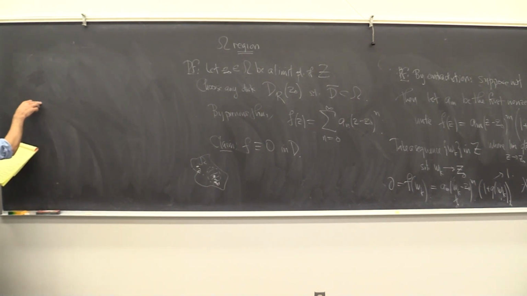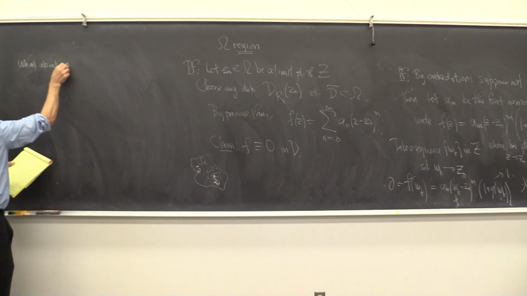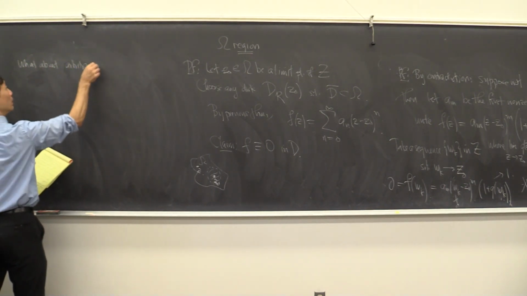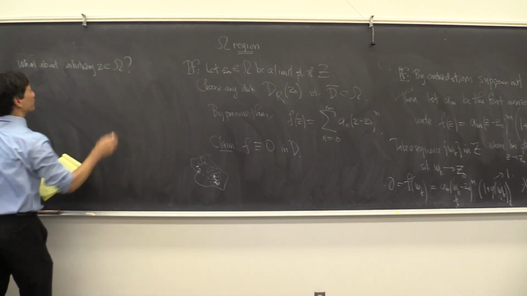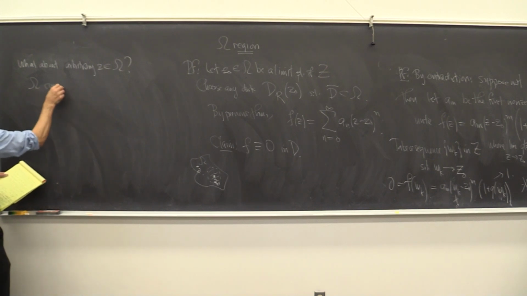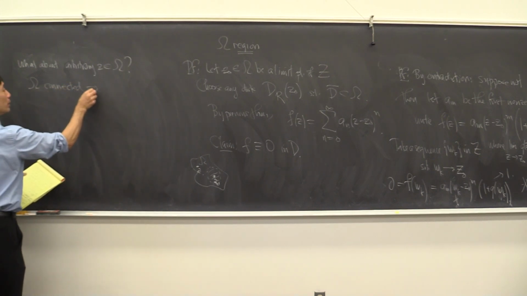Okay. So what about other points? Some other arbitrary z in omega. Okay. So omega is connected, and so you know it's path connected.